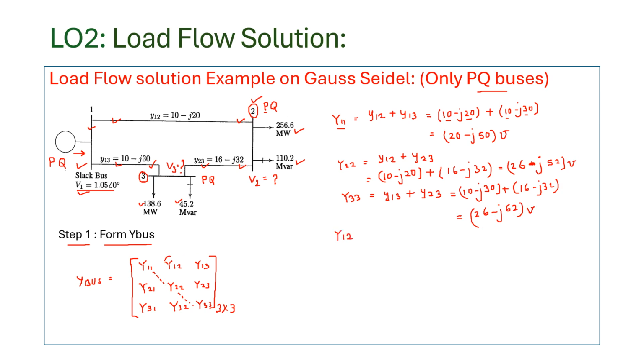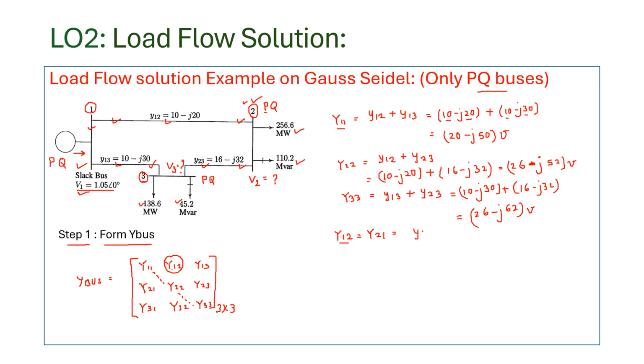I will first calculate Y12, and already we know that Y bus is a symmetric matrix. So Y12 and Y21 will be equal. Now what is Y12? Y12 means the admittance connected between bus number 1 and 2, and this is the line connected between bus 1 and 2, and the admittance is 10 minus J20.